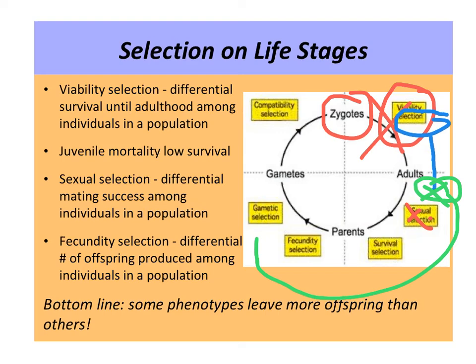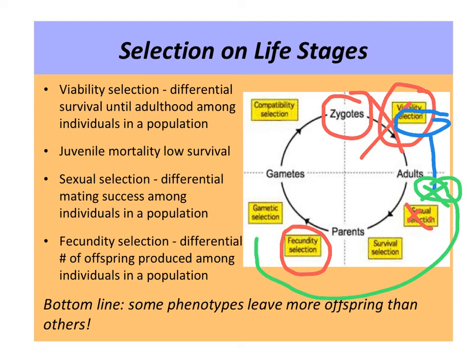Then, in terms of parents, the number of offspring you have is a function of alleles and genetics and the environment, so some individuals are going to leave more healthy offspring than others. So now there's selection on parents that produce lots and lots of offspring. And then it turns out that when they produce gametes, some gametes are better than others.